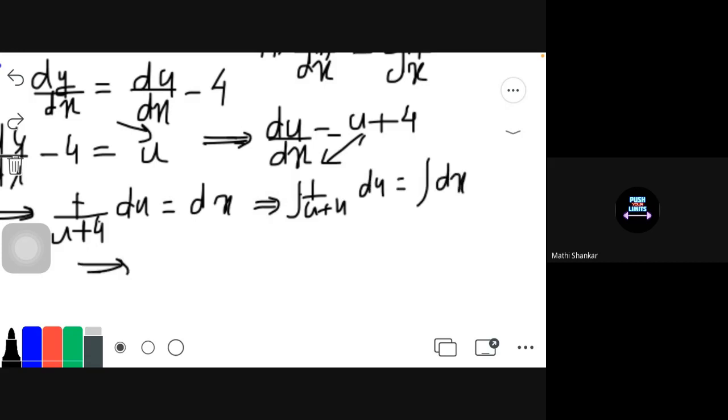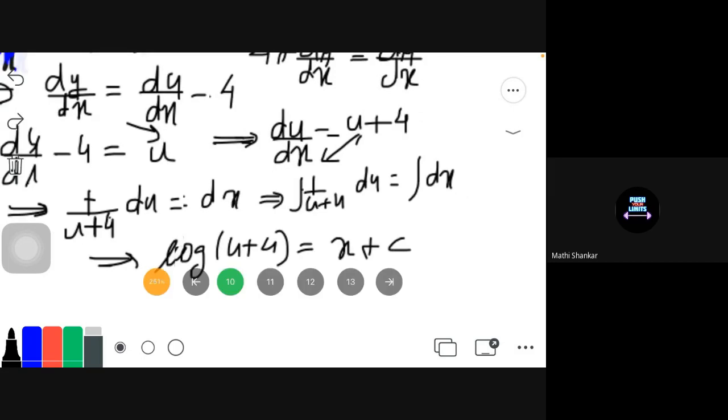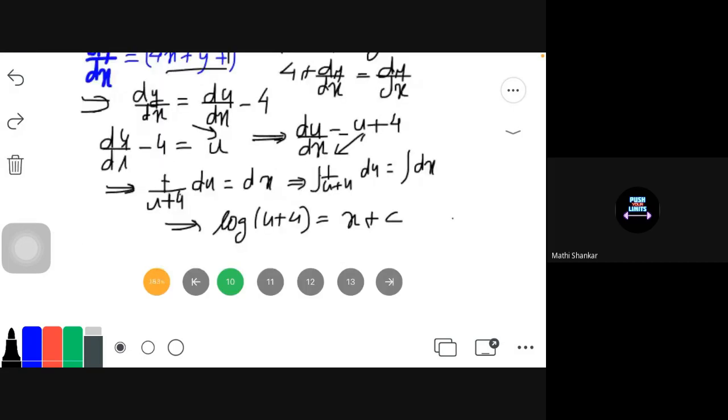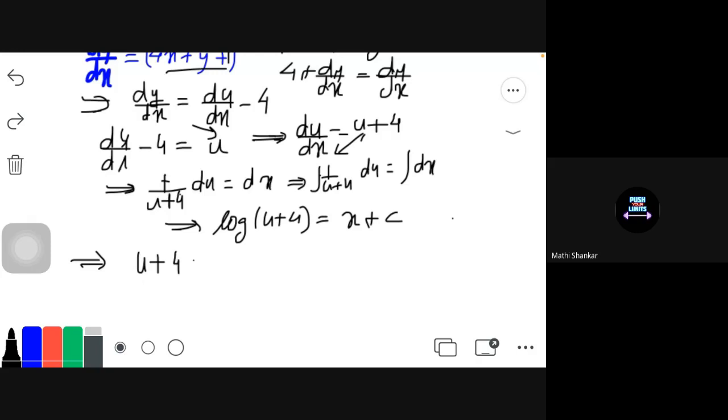So integration of 1 by u is log, so this will give me log of u plus 4 is equals to x plus c. So we'll resubstitute the value of u, and I can take antilog on both sides. Therefore, I'll get u plus 4 is equals to e raised to x plus c. We'll resubstitute the value of u.